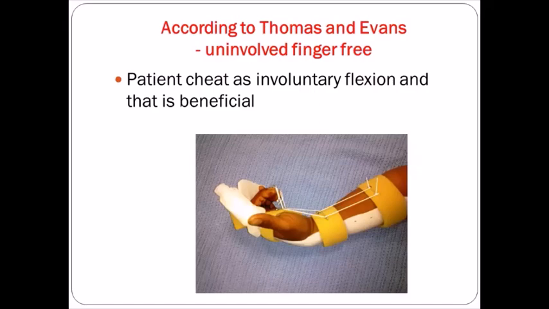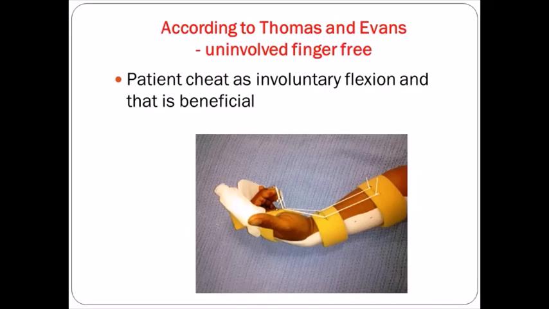Now, as I told, I am not following that. Suppose if one finger is affected, I never go for all the fingers with this traction and the movement. I go for that specific one. The reason behind it is, if you go for only one finger to be in flexed position and exercising this, there is more chance that these three fingers are going to have some sort of involuntary contraction movement.